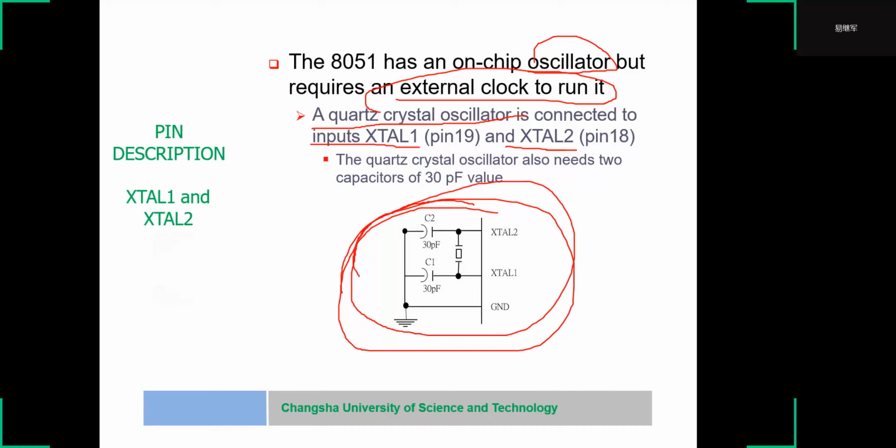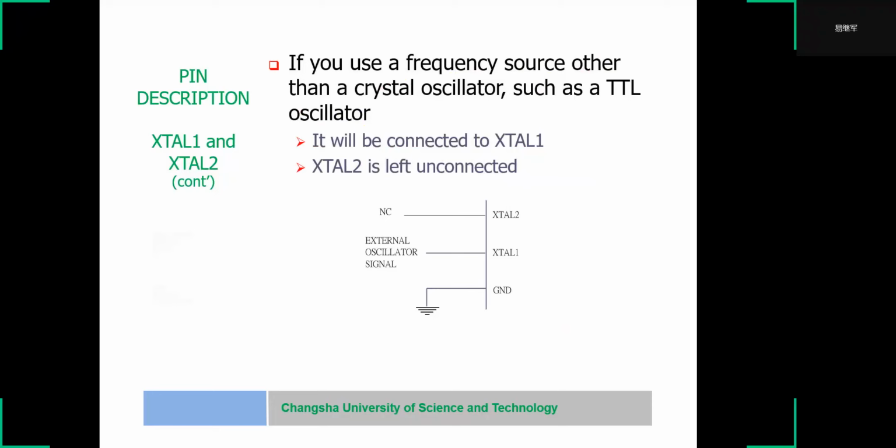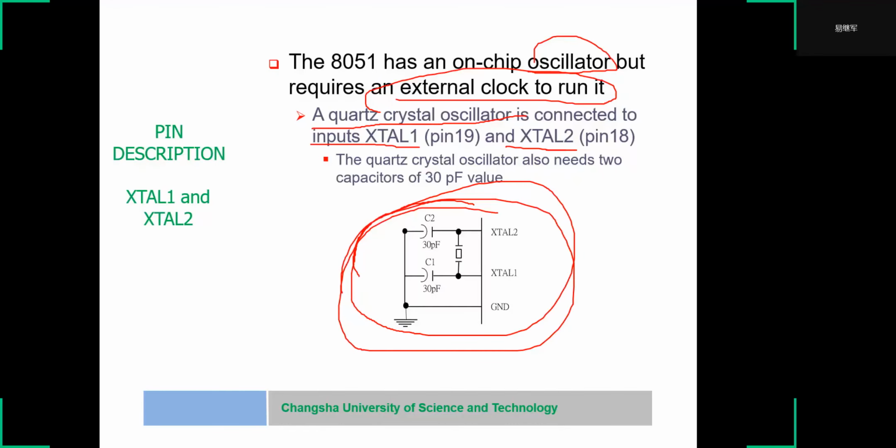If you use a frequency source other than a crystal oscillator, such as a TTL oscillator, it will be connected to XTAL1 and XTAL2 is left unconnected. Mostly we use this connection.